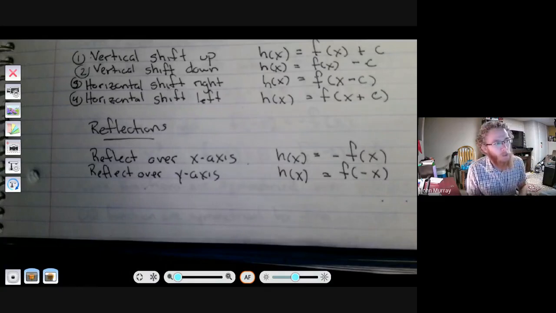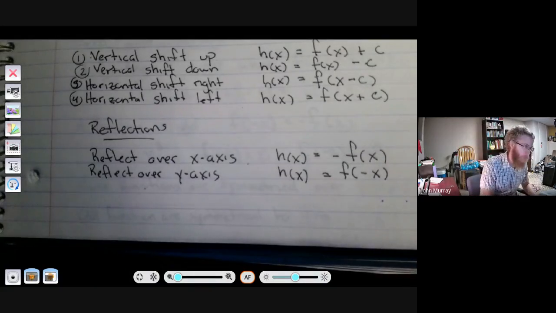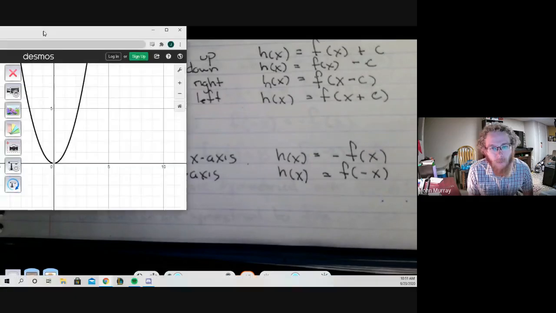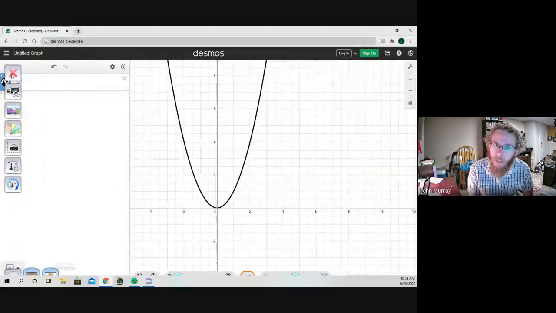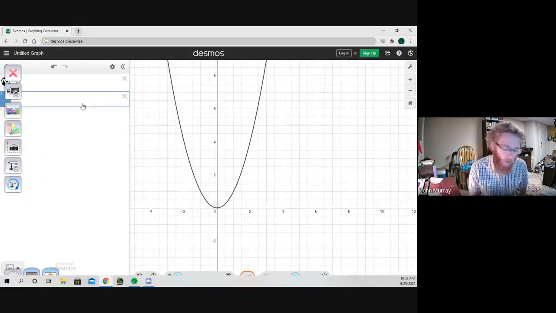Now, sometimes one of the reflections might give you the same exact picture. Okay, and I'll show you with our very basic example, x squared. So again, here's our x squared.